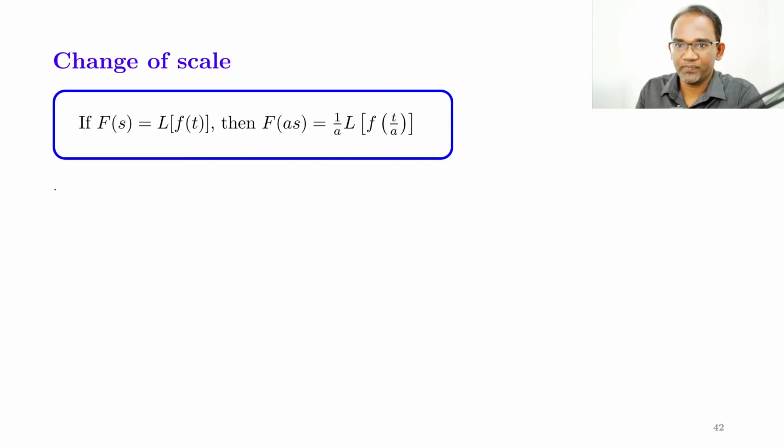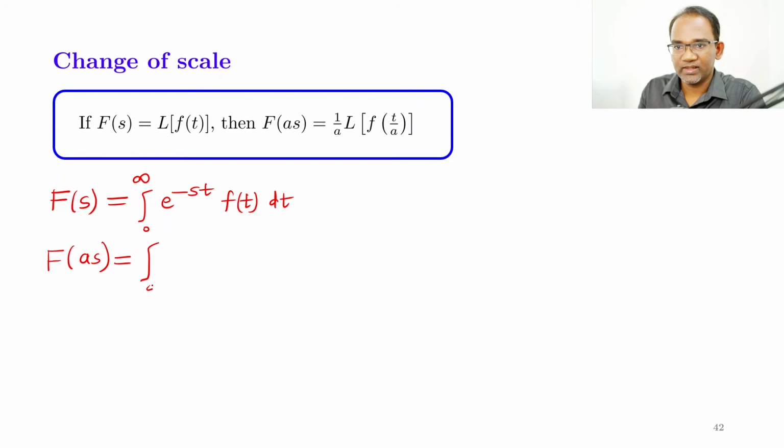We have F(s) as given by the integral from 0 to infinity of e raised to minus st, then f(t) dt. And F of (as) will be equal to the integral from 0 to infinity of e raised to minus ast, then f(t) dt.